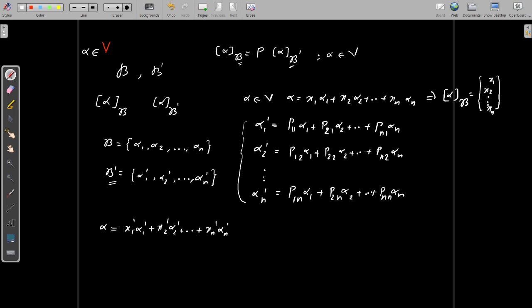Similarly, from this the coordinates of alpha relative to B prime is x1 prime, etc. xn prime. But we know that the components of these coordinates are also unique for any alpha if you fix an ordered basis B prime.